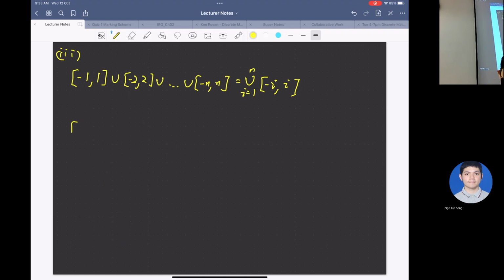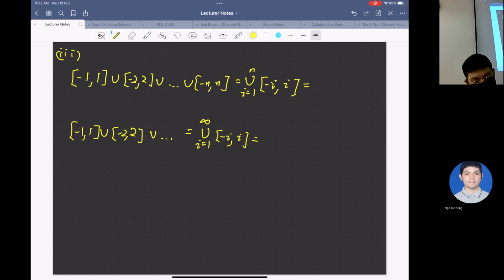The second one, we take the infinite union of them. Let's spend about 2 minutes to think about these two questions. You can discuss with your friends. What's the finite union of the closed intervals of minus i, and the infinite union?